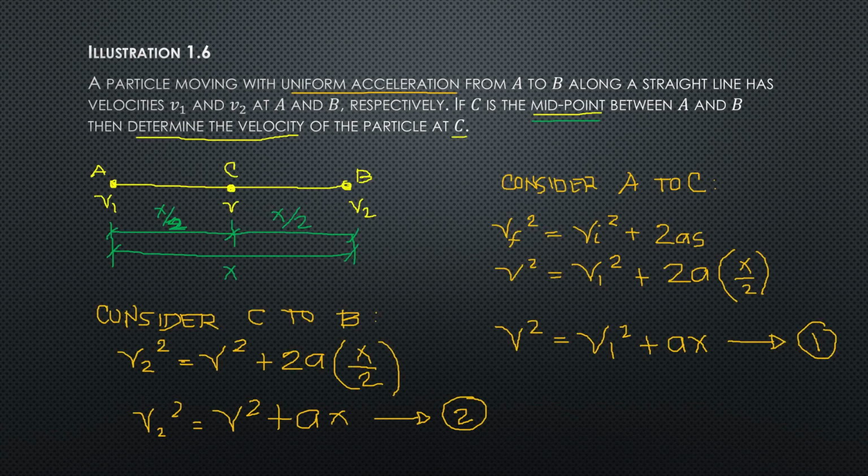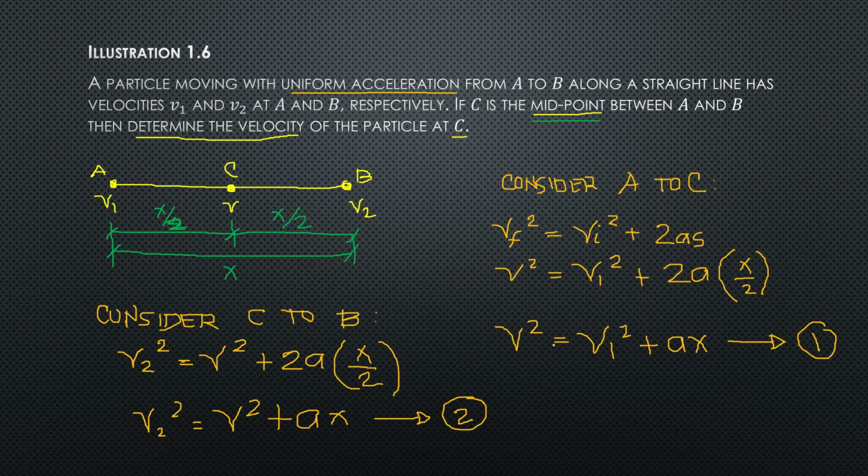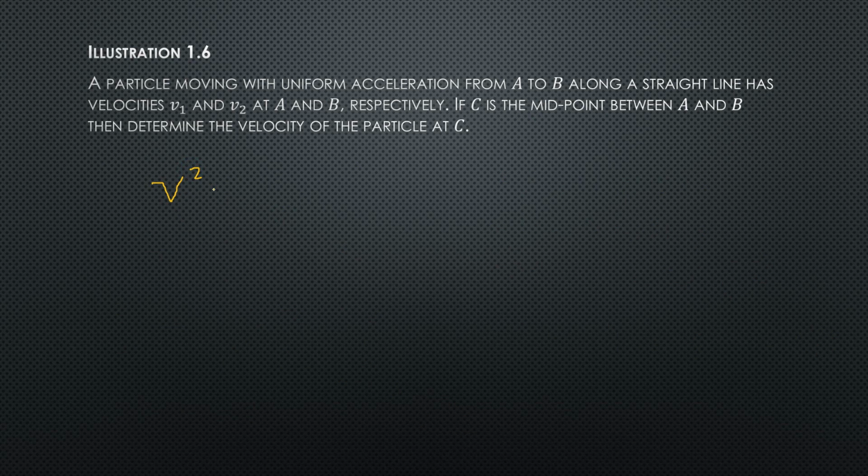Now, the two equations: this one, that one, and this one. Equation 1 is v squared equals v sub 1 squared plus 2ax, and this is equation 1.